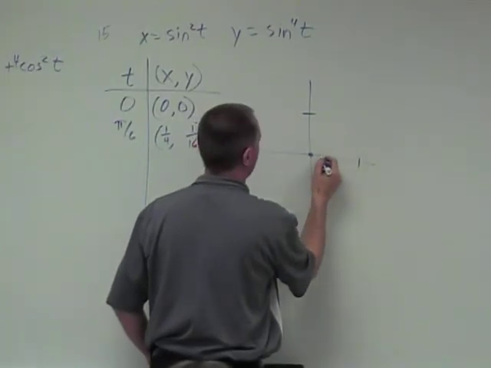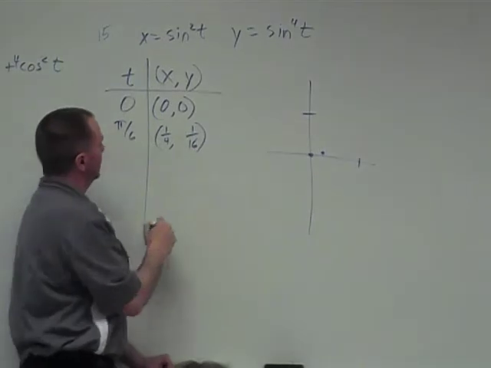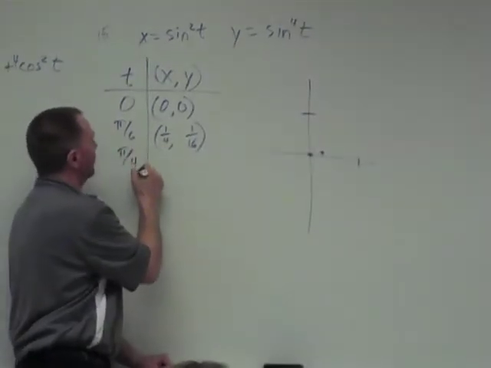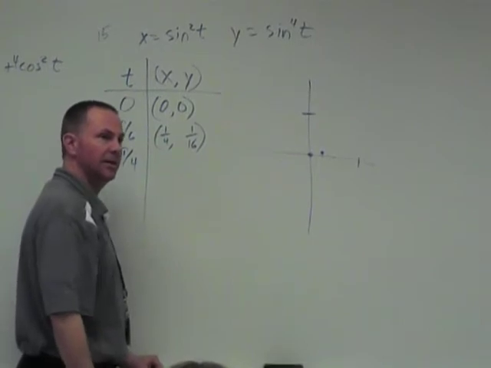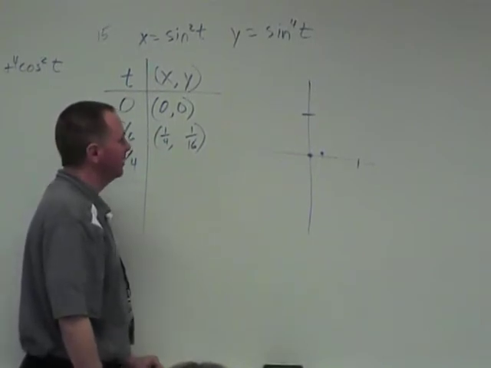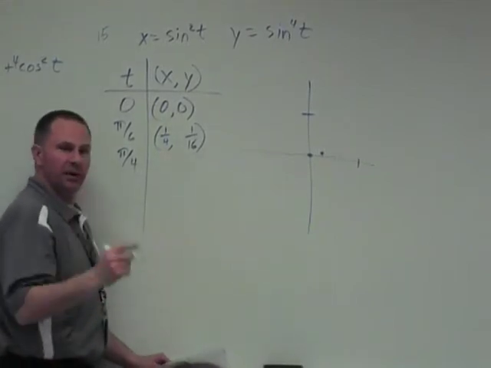So 1/4, we're at 1/16. Okay, what about pi over 4? Radical 2 over 2 squared is what?